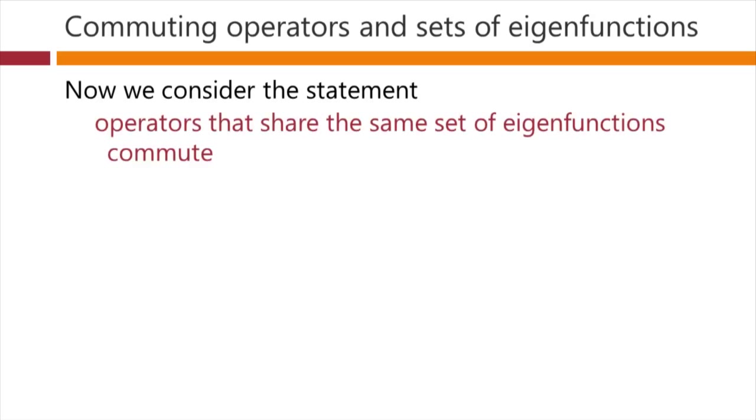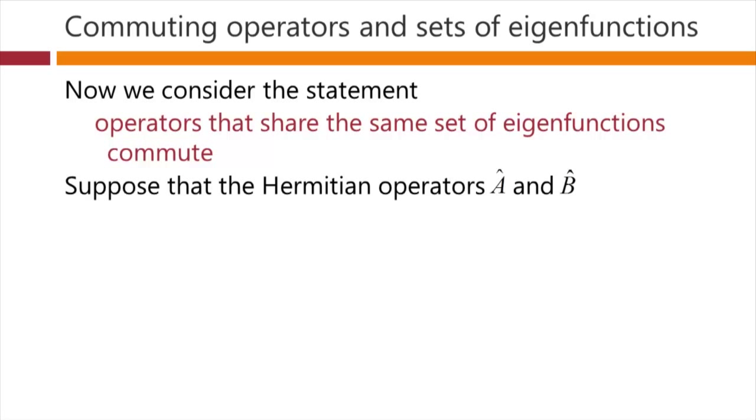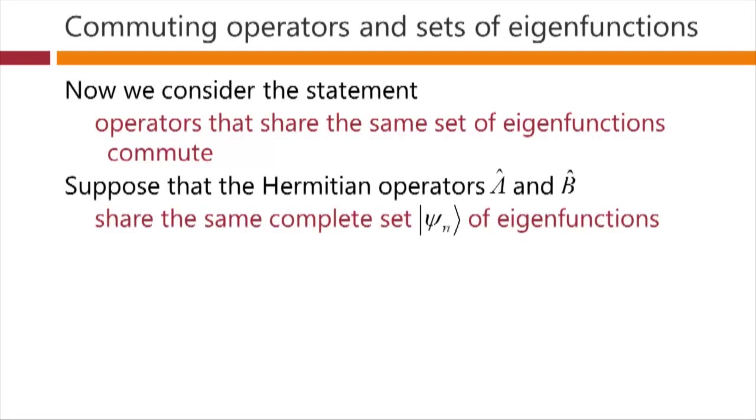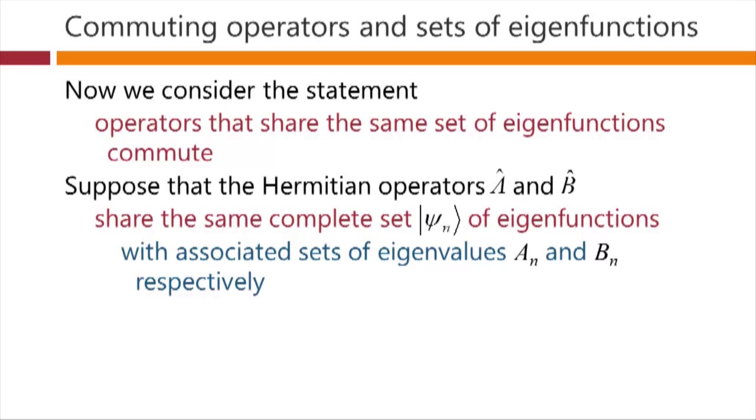Now consider the statement, operators that share the same set of eigenfunctions commute. Suppose that our Hermitian operators, A and B here, share the same complete set, psi n, of eigenfunctions. And they will have associated eigenvalues an for the case of the A operator and bn for the case of the B operator.